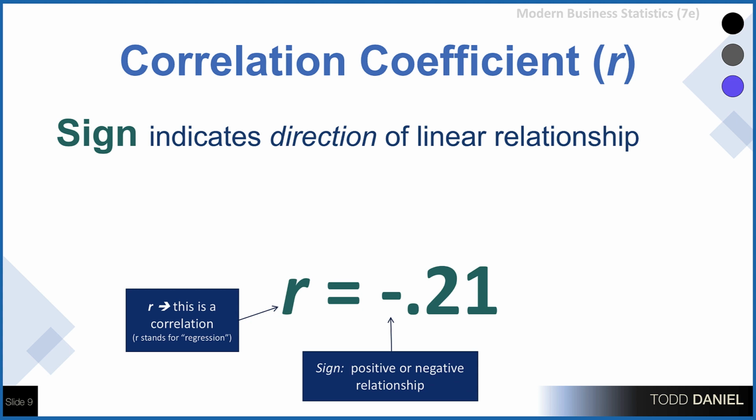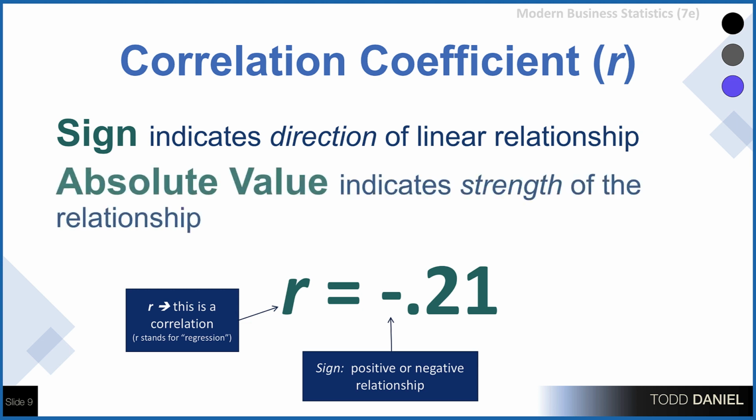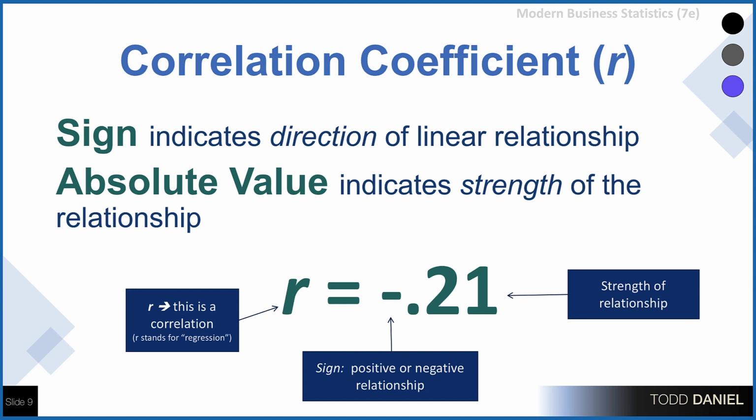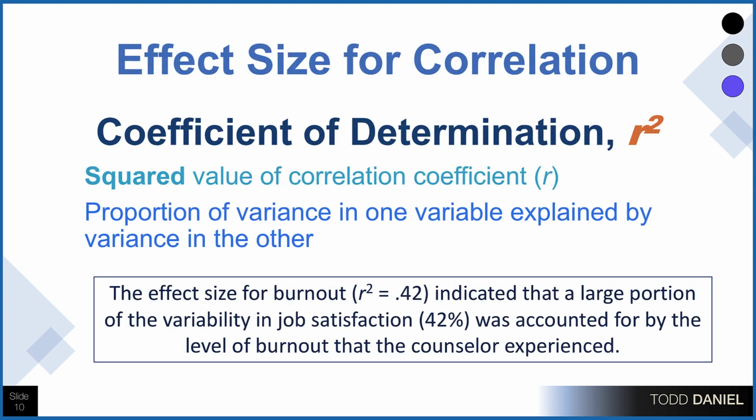The sign indicates the direction of the relationship, either positive or negative, and an absolute value. The absolute value indicates the strength of the relationship. Absolute values closer to 0 are weaker. Absolute values closer to 0.9 or 1 would be stronger.